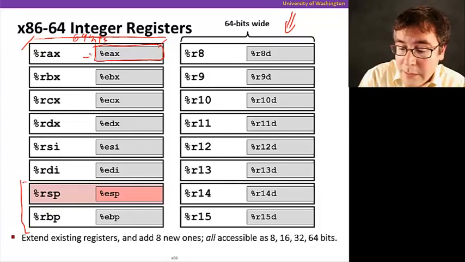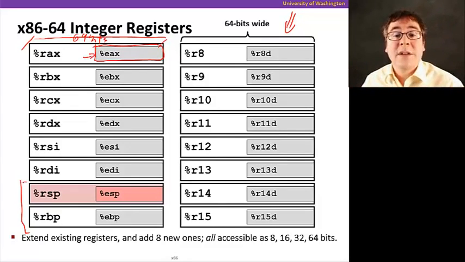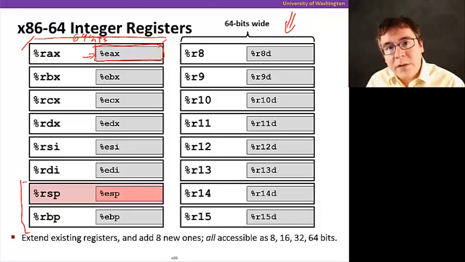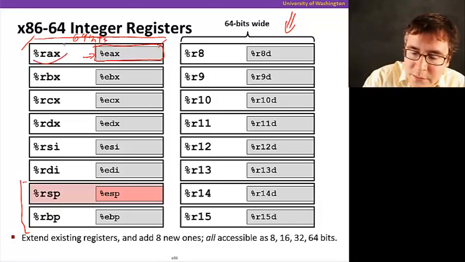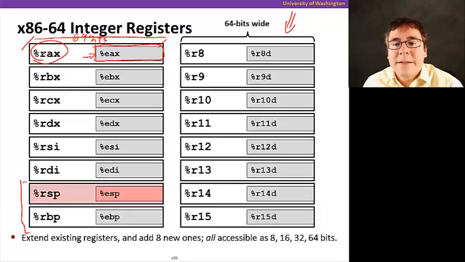For example, EAX, which is also present in IA32, is the low order 32 bits of register RAX in x86-64. One way to think about it is that we're extending existing registers to 64 bits, plus adding 8 new registers.